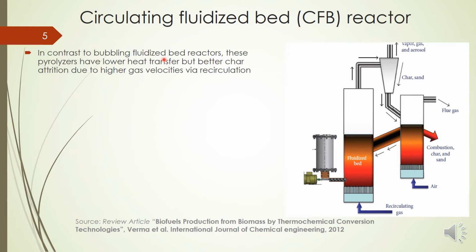In contrast to the bubbling reactor, these have low heat transfer, but we are using high gas velocities for better char attrition. And again, the important thing is that we are recirculating, so we will be using a high fluidizing velocity here, but as a result this char and sand etc. will be carried away with the gas, and it is separated in this separator, and the char is returned here, and the combustion of char and sand etc. is used as a heat source.